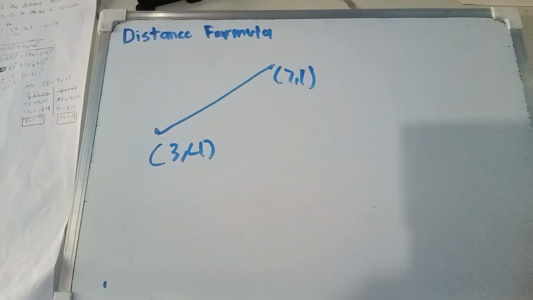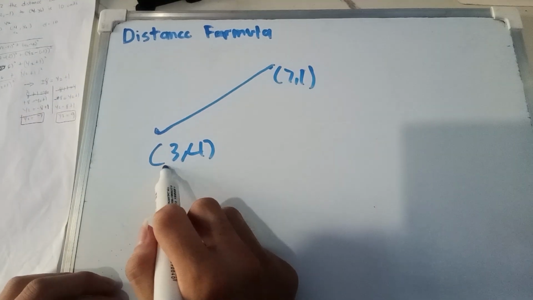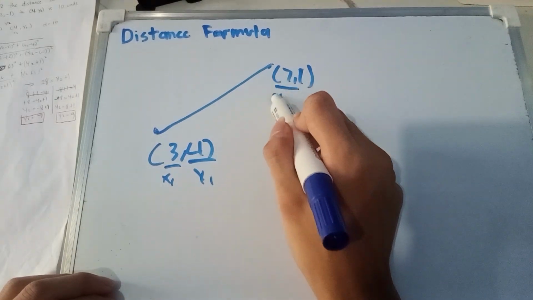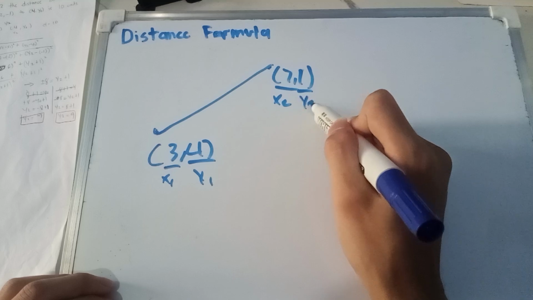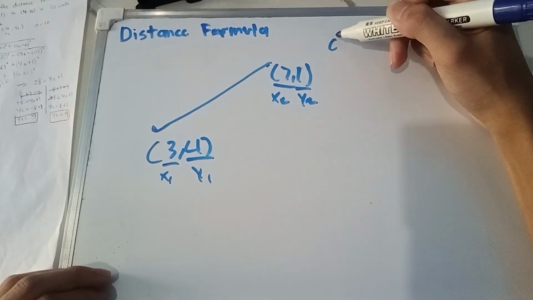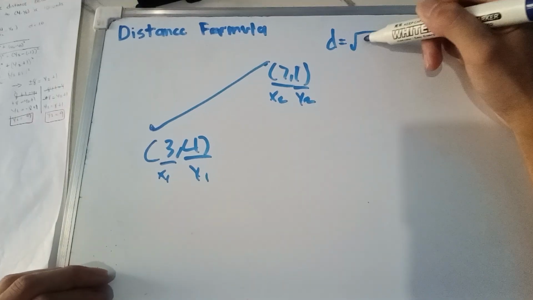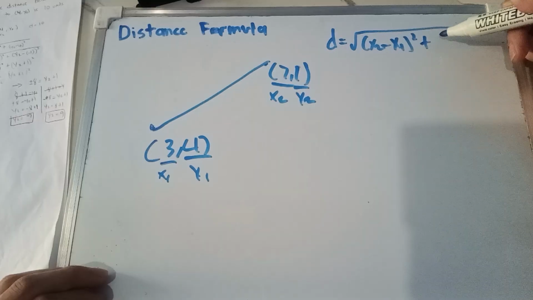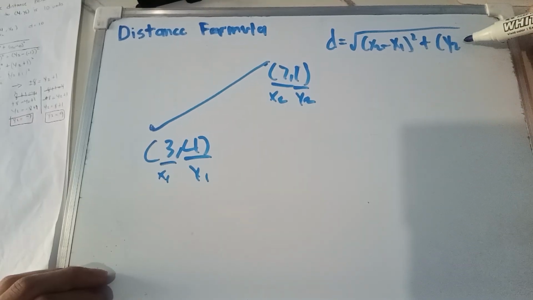Now let's identify first the values. This is x sub 1 and this is y sub 1, this is x sub 2, and this is y sub 2. And for our formula, we have d is equal to the square root of x sub 2 minus x sub 1 squared plus y sub 2 minus y sub 1 squared.